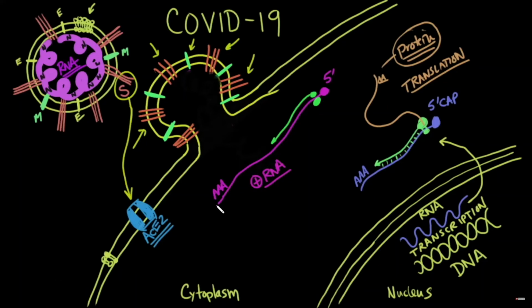And the protein that it makes is something called an RNA-dependent RNA polymerase. And so here it starts to make this protein. And there it is, abbreviated RdRp, otherwise known as a replicase.